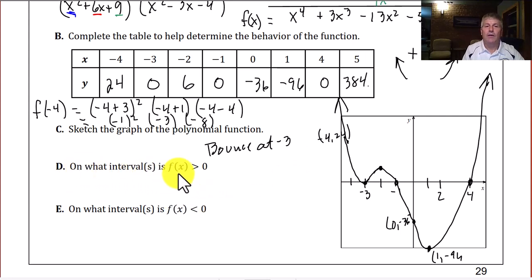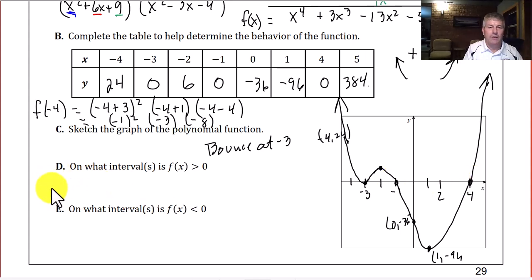Question D says, on what interval is f of x greater than 0? So where are the y's greater than 0? Well, they're greater than 0 from negative infinity to negative 3, and then from negative 3 to negative 1, and then from 4 to infinity.